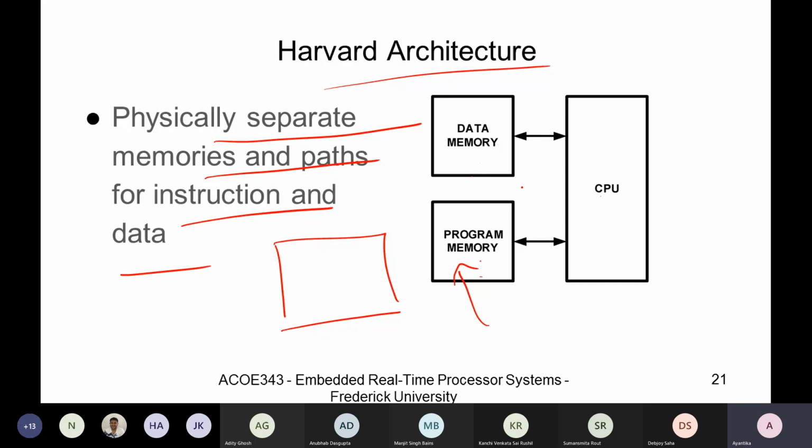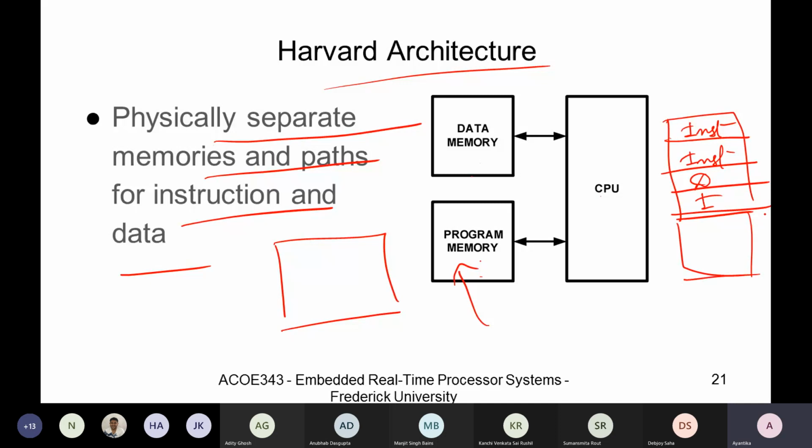It gives more scope of parallelization, more scope of security, and the simple thing about performance, if you forget the timing for parallelization also, is that if you have to store the data and instructions together, that means instruction, maybe data, then instruction and so on, one memory will be huge.